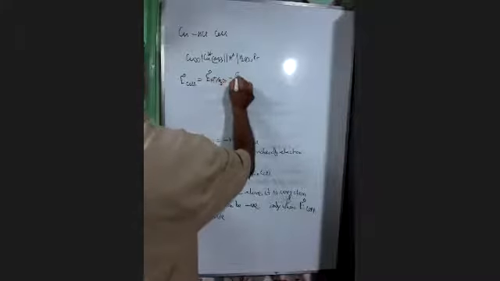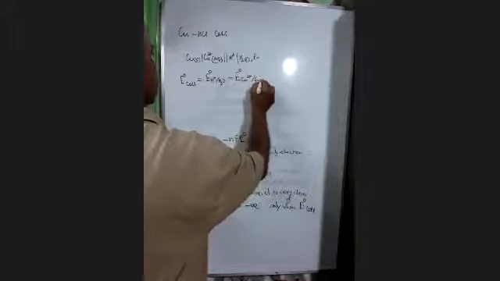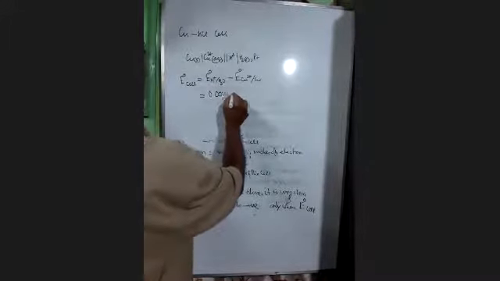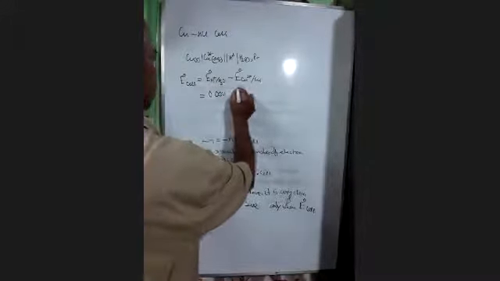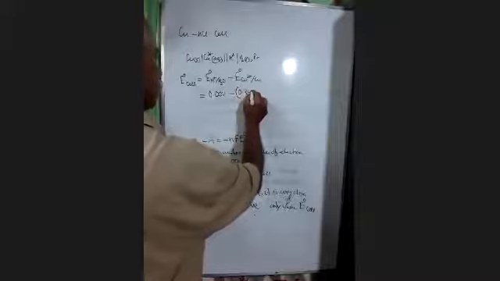So I'll write E0 H+/H2 minus E0 Cu2+/Cu. See, this value you know. This is 0.00 volt and this is 0.34 volt.